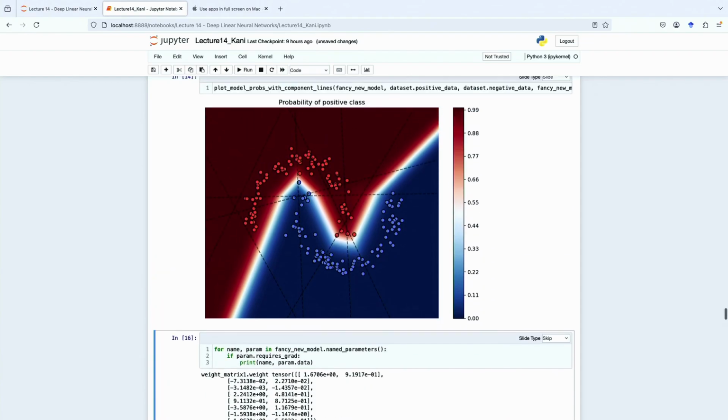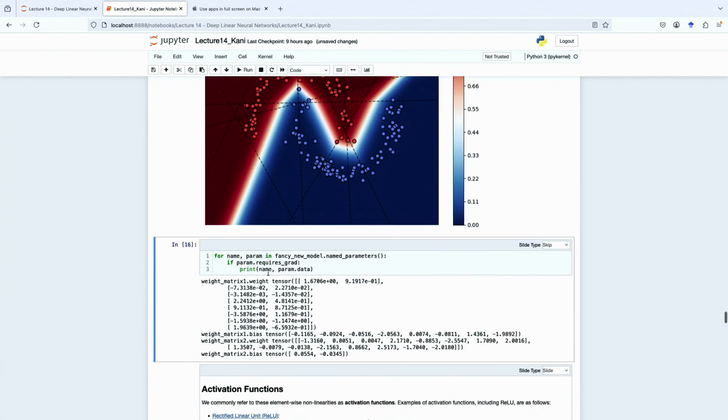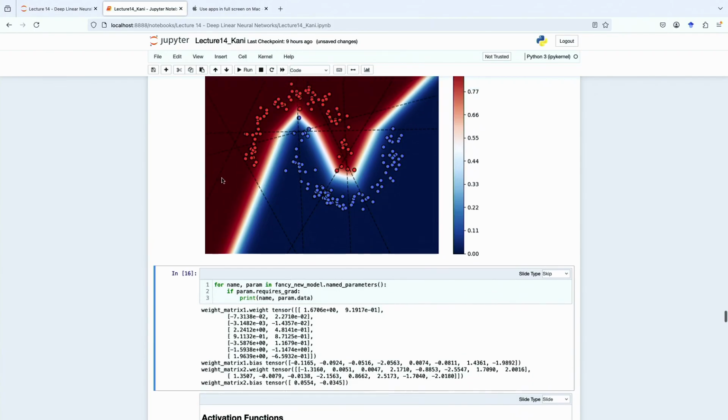So each of these black lines here corresponds to a different row of the weight matrix. And then these black lines all sum up to give you a sum barrier that curves around the different half moons. That basically gives you a nonlinear class barrier in the 2D space.